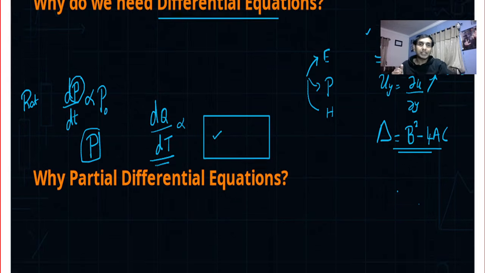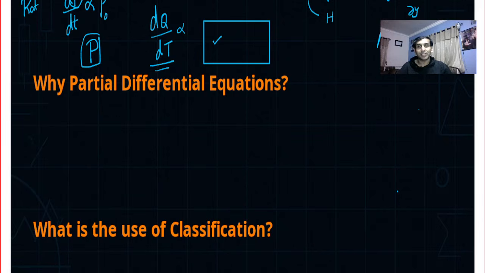Okay, now let's jump to partial differential equations. Now think practically. When you think about a wave motion or anything in 3 dimensions, you will understand the models actually depend on more than one variable. I'll give you a very simple example.